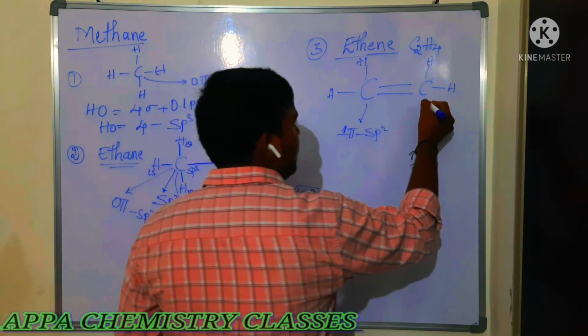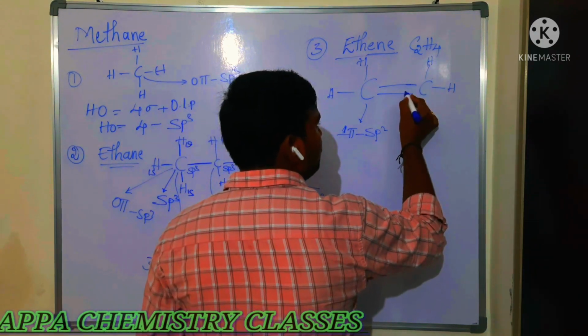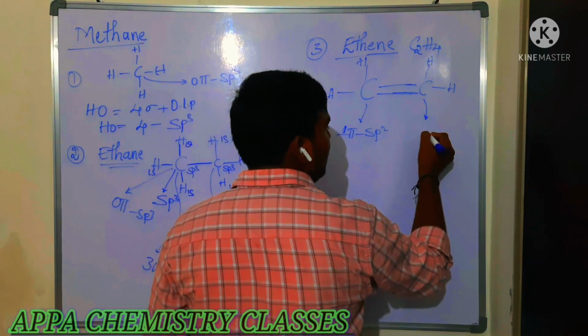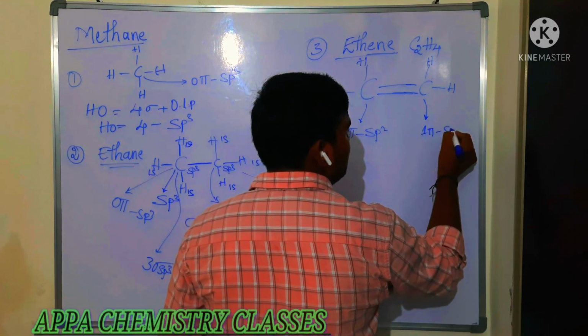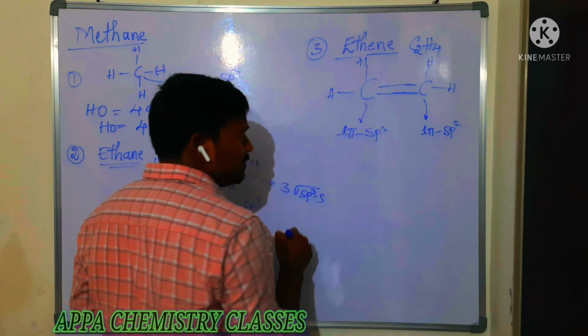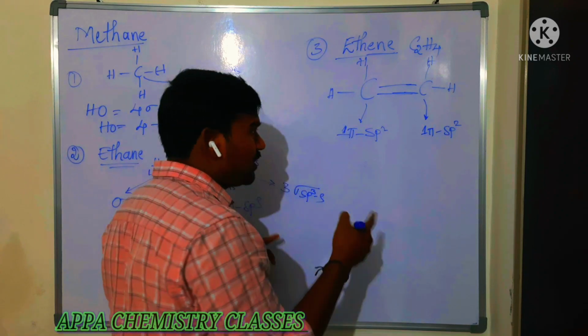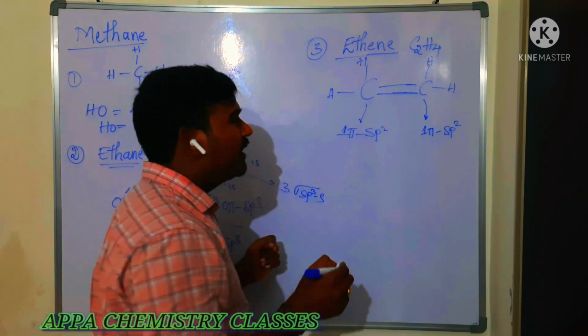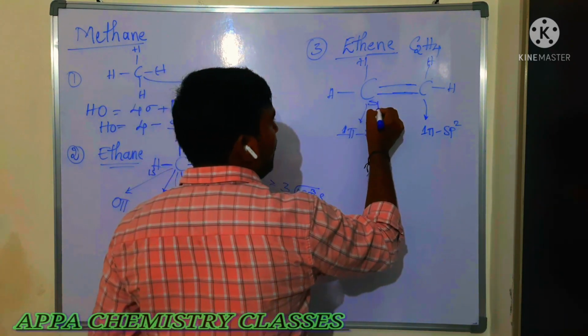So here also this carbon has one pi bond, and the other carbon also has one pi bond. So it is sp2. Sp2 in the sense what hybridization? What is the structure? It will be trigonal planar. Now this is an sp2 carbon, and this is also an sp2 carbon.